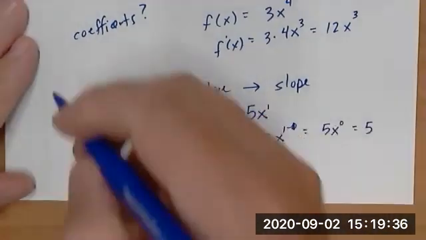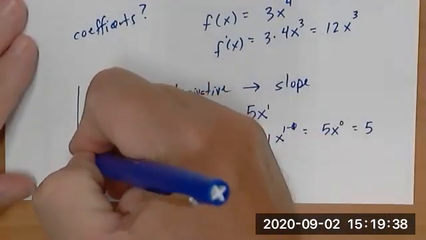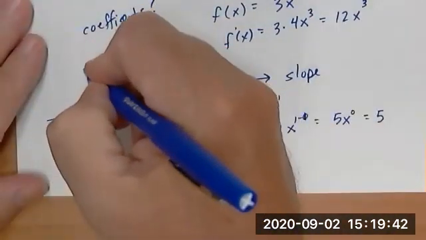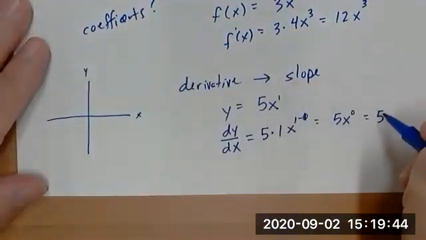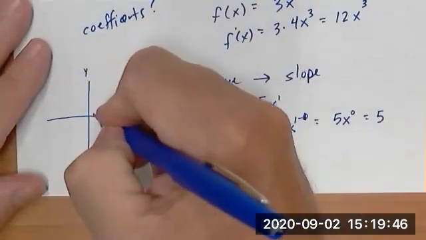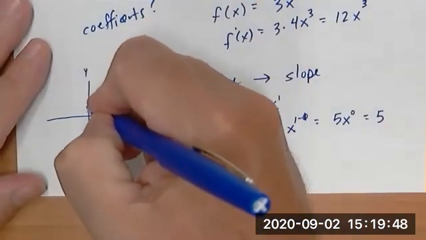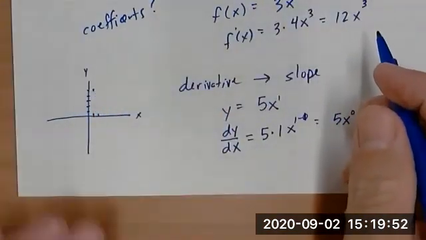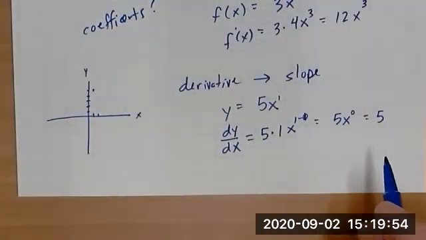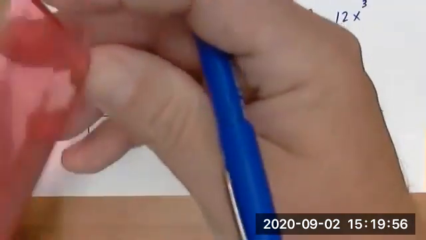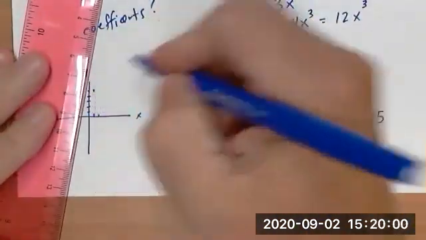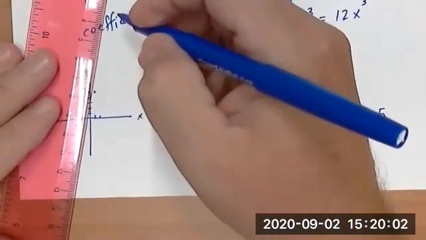What is y equals 5x? This is such a simple function, I can draw a quick graph. You know what y equals 5x is? It's actually a straight line that goes to the origin. It looks like this.